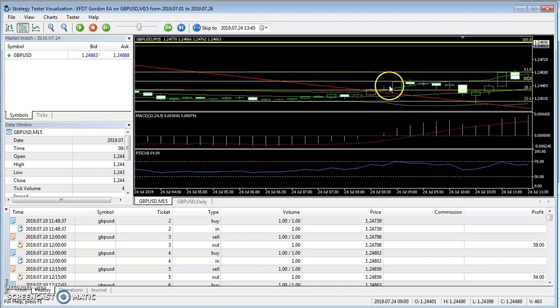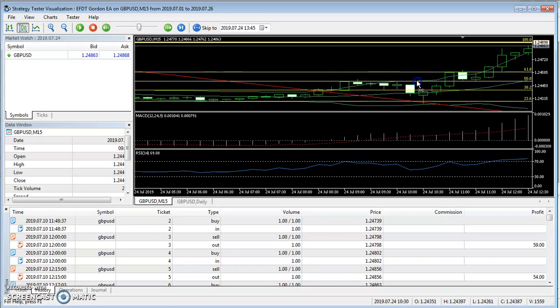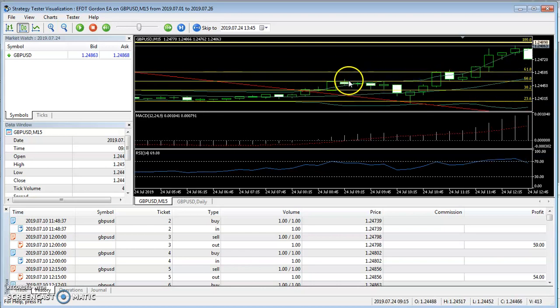It crosses it, then this becomes a support, the resistance. It seems that it can't cross the 50 Fibonacci line, so it traces back down to 38.2, and then 38.2 becomes the resistance again, and 23.6 becomes a support.